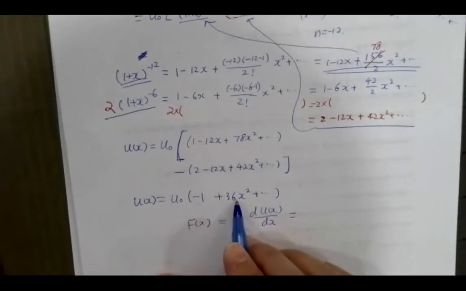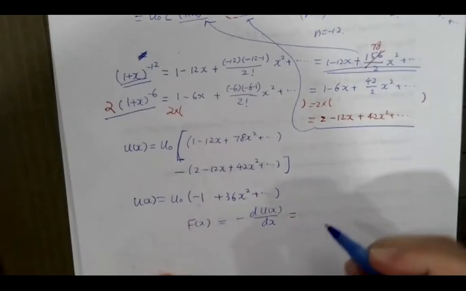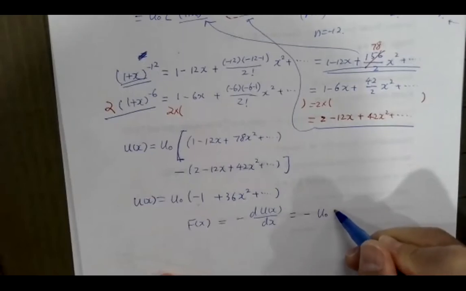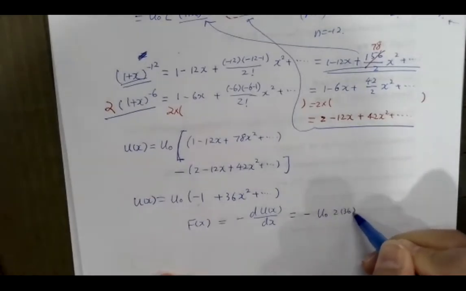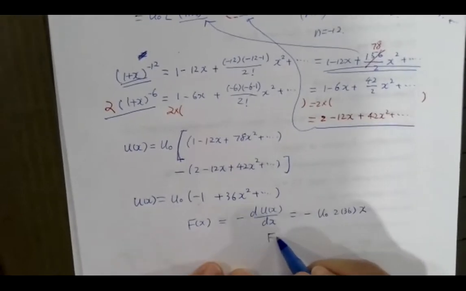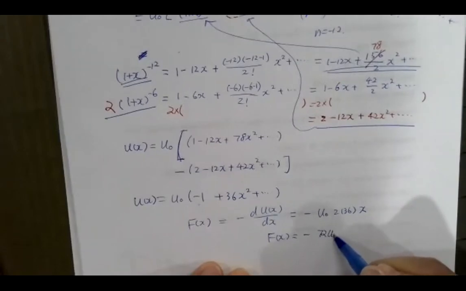The second term, 2 comes down and then becomes x, so it will be minus of u naught times 2 times 36, times x. So F(x) is equal to minus 72 times u naught times x.